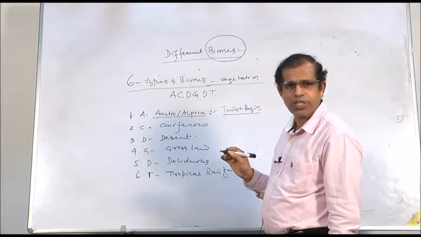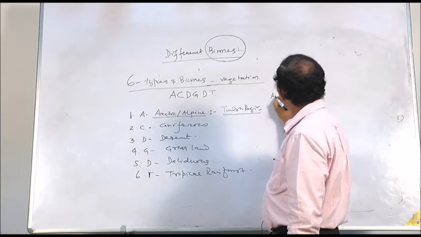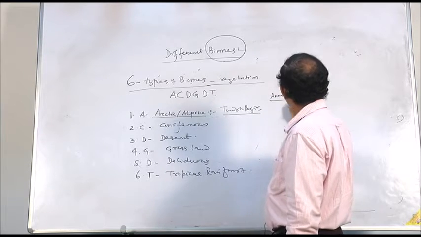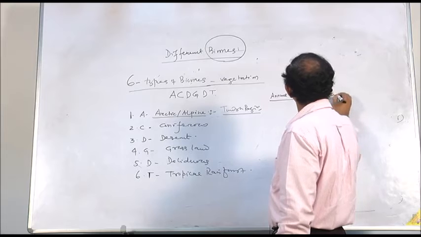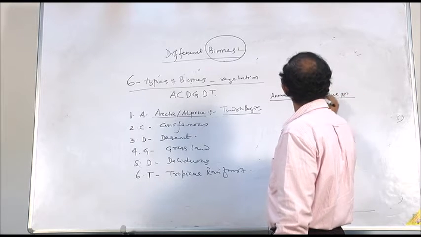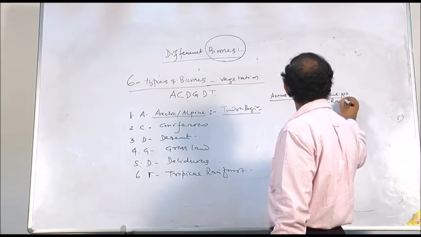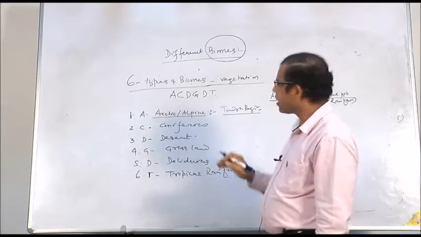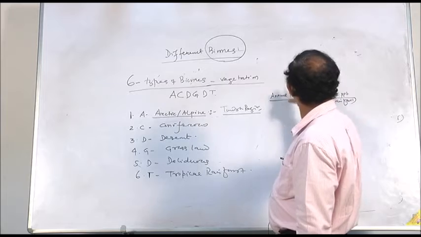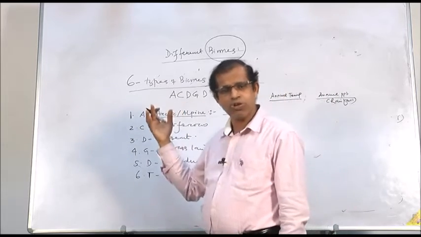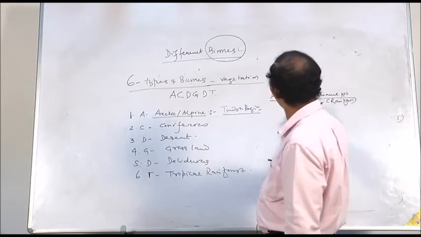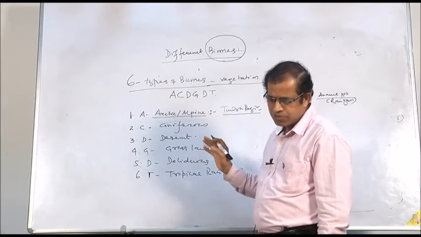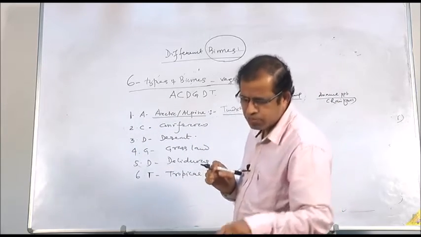We should remember two things minimum: the annual temperature and annual precipitation, that is the rainfall. In addition to temperature and precipitation, latitude and longitude matter, but we are discussing mainly temperature and precipitation.